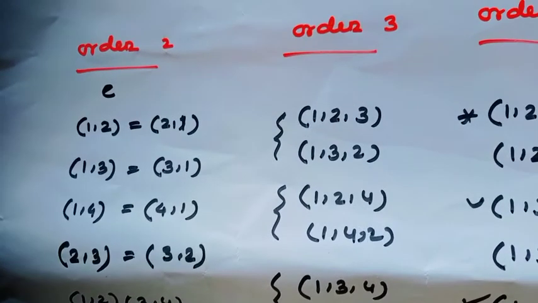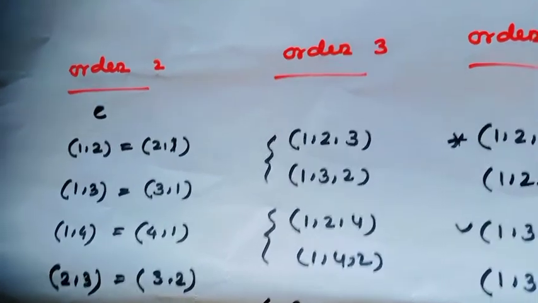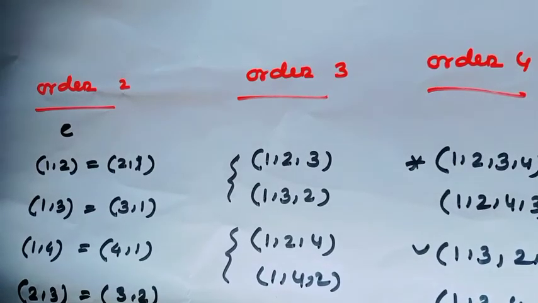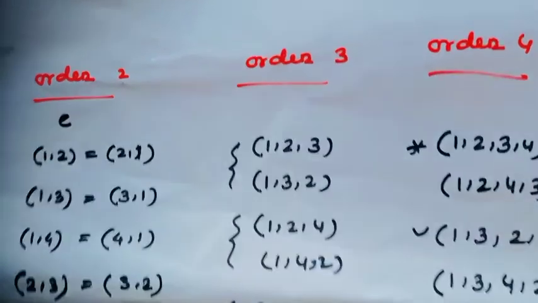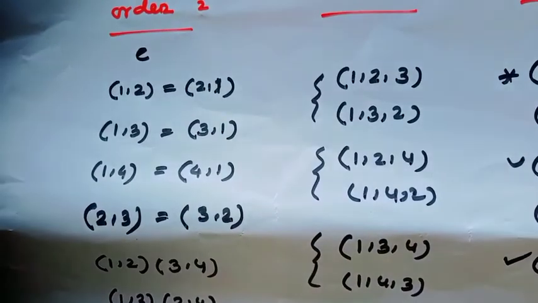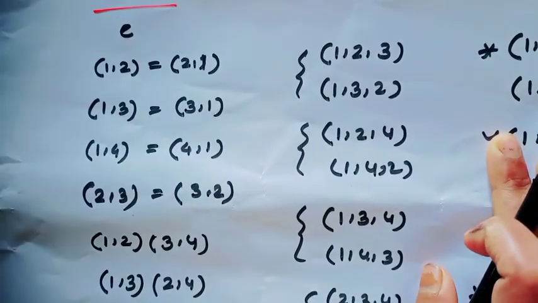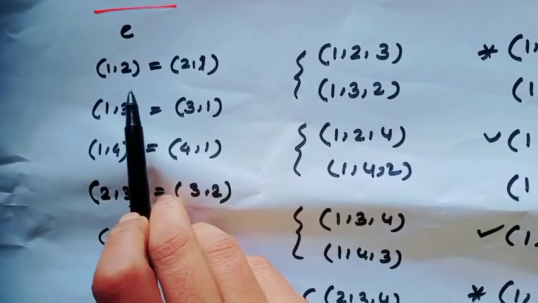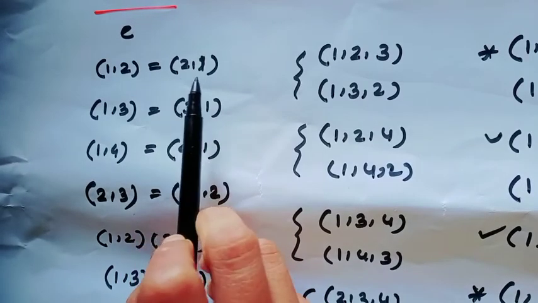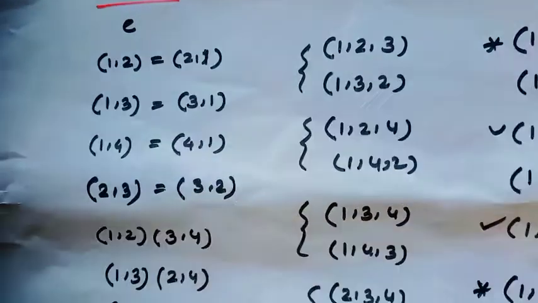Now notice the S4 group. This is the group of 24 elements. So there exist 24 elements. This is the identity element, and these all are 2 cycles. Here (1 2) cycle is similar to (2 1) because in a cycle it does not depend where you start.